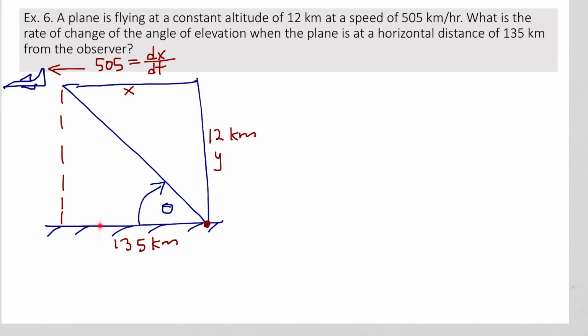So from the horizontal, the angle of elevation along this line of sight is my angle theta. We're trying to find the rate of change of the angle of elevation when the plane is at a horizontal distance of 135 kilometers from the observer.